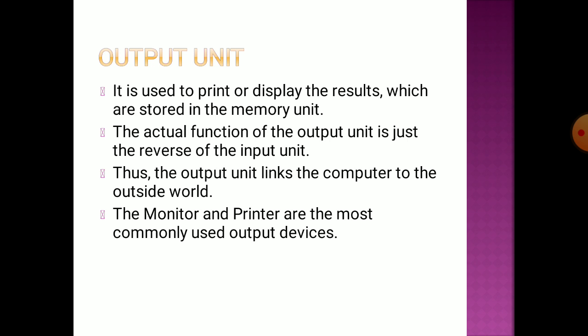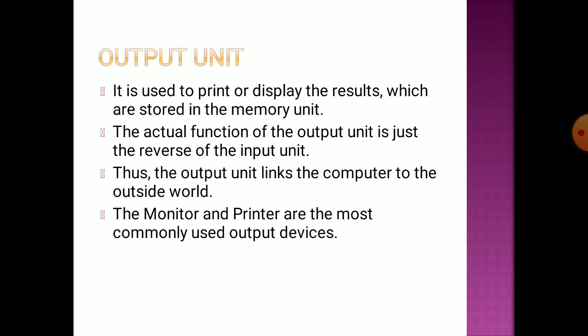As the data from your input unit has to be converted into machine language, similarly before displaying or printing through your output devices, it should be converted back into human understandable language. Done. So this is all about the block diagram of your computer.